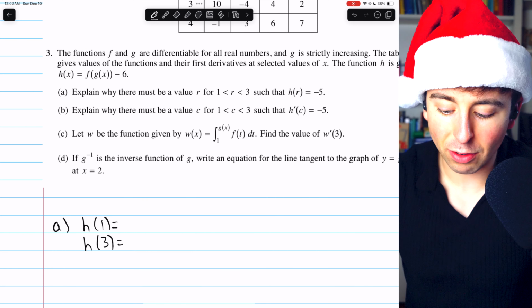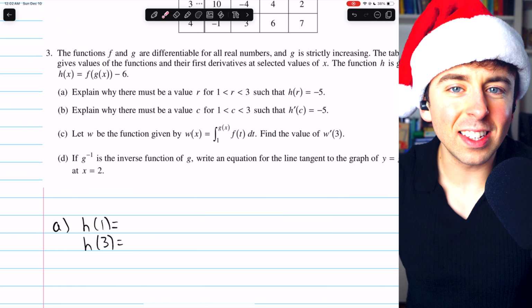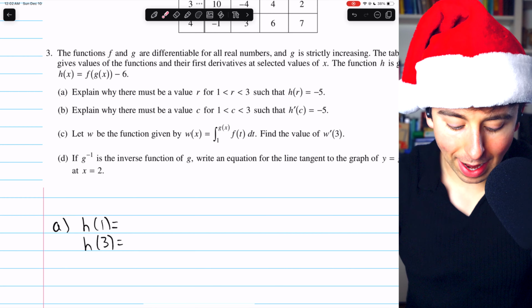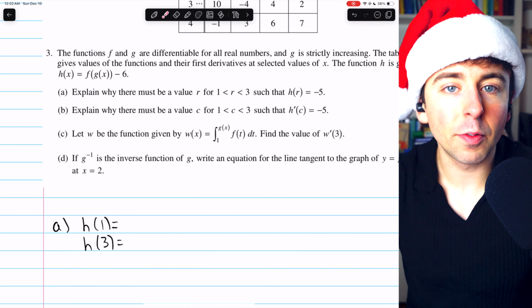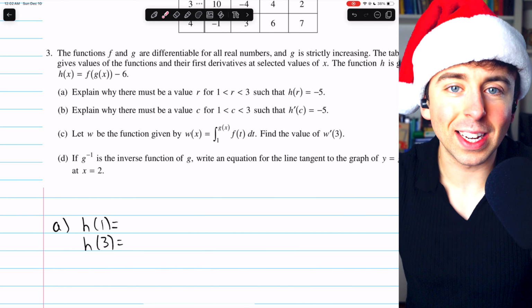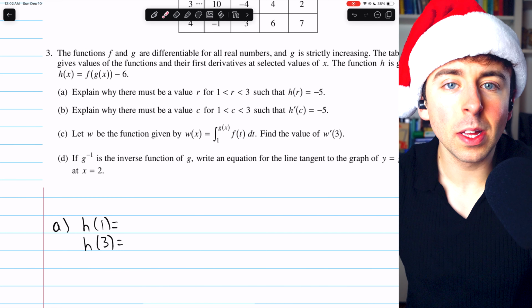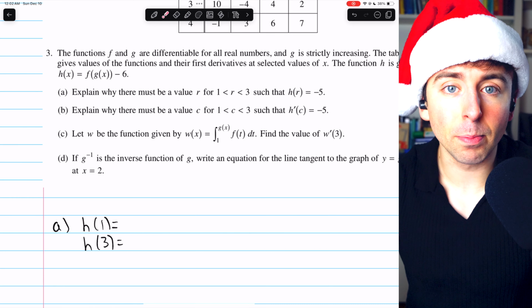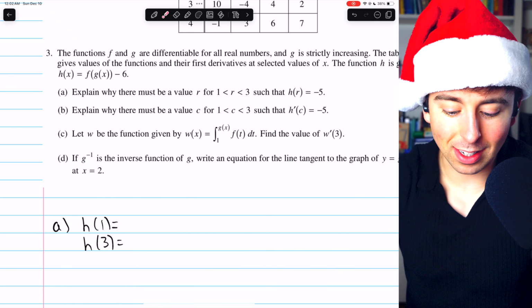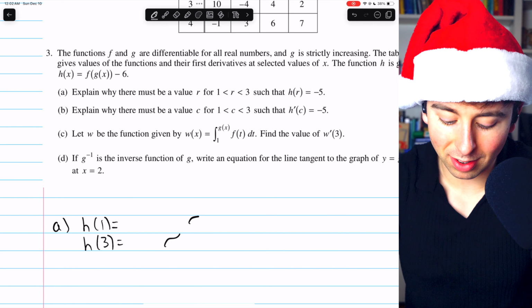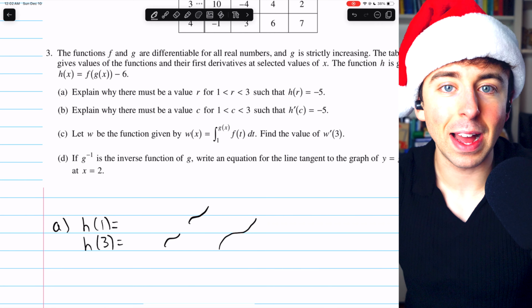If we evaluate these correctly, one of these values will be less than -5, and one will be greater than -5. So -5 is an intermediate value, which must have been taken on at some point in the interval because h is continuous. It can't just skip over something. It has to hit all of those intermediate values.